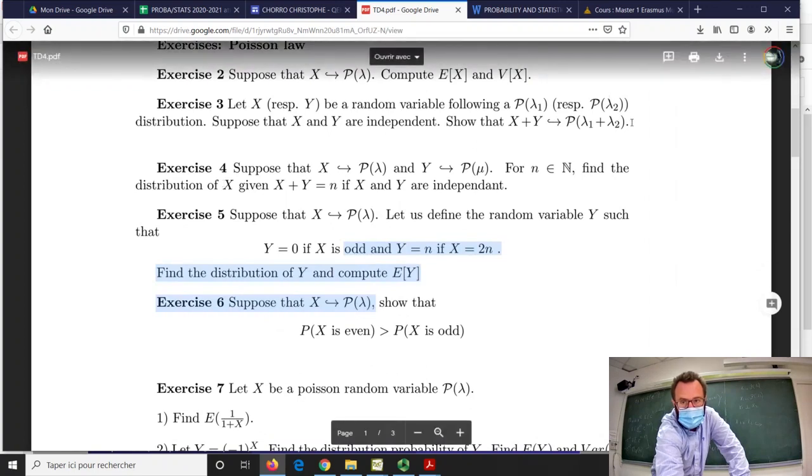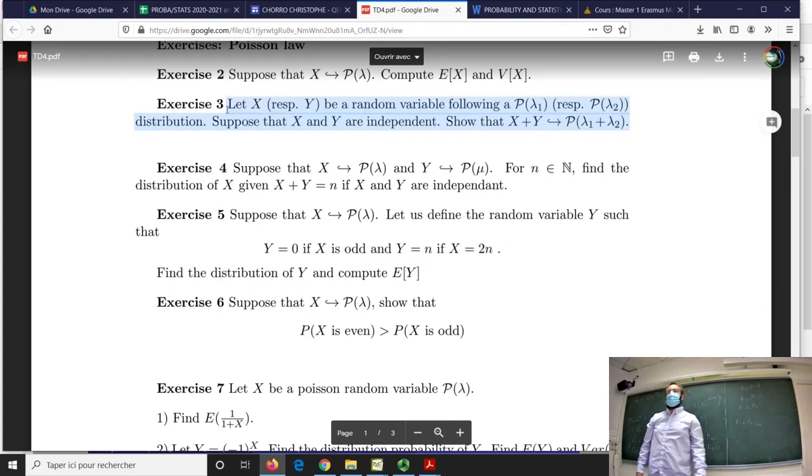Exercise 3 here. I have done the job with you. The idea was to compute the probability mass function of the sum. And in order to do this, we used the Newton formula, (a plus b) to the power n is equal to, and so on. So I need to do computation if I want to do the job.